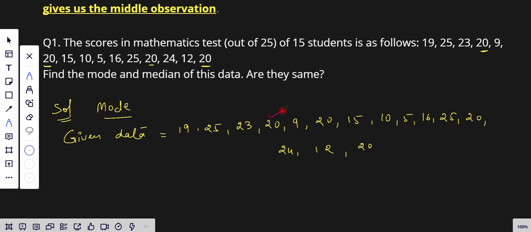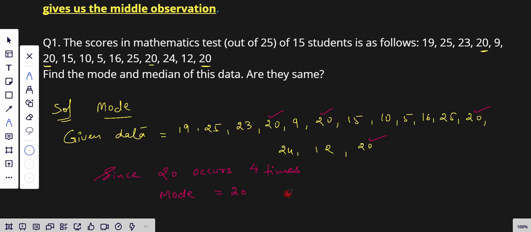So 1, 2, 3 and 4. So you will say that since 20 occurs 4 times, the mode of these observations is equal to 20.